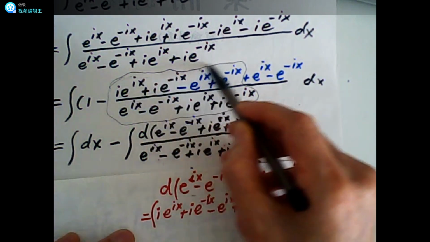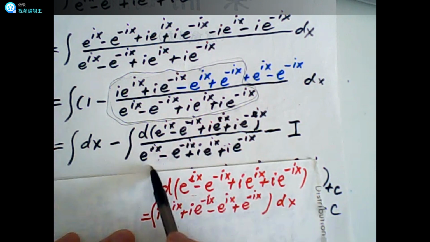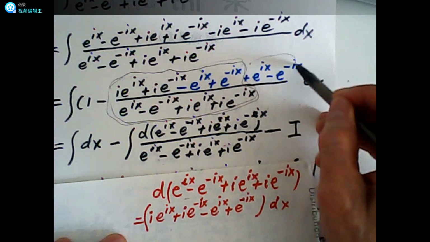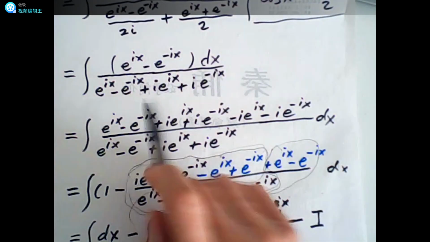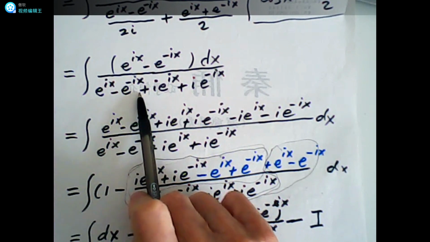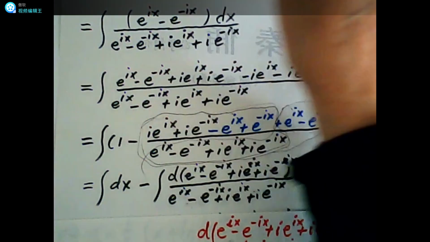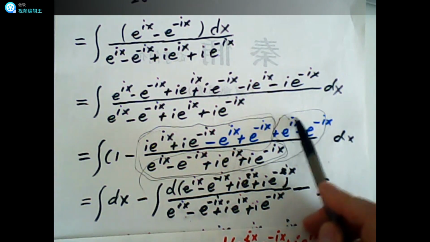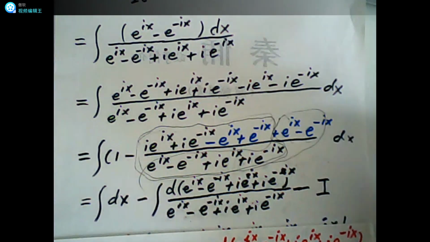So this becomes d this over that, and the leftover this over that. This over that is my original I. See, this over that is my I, which is the beginning integral. Therefore, this is I, because there's negative sign. Therefore, it's negative I.